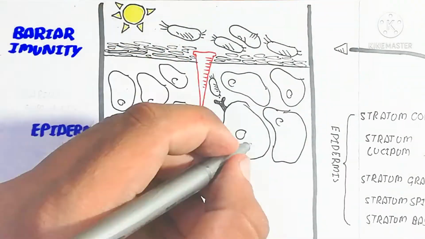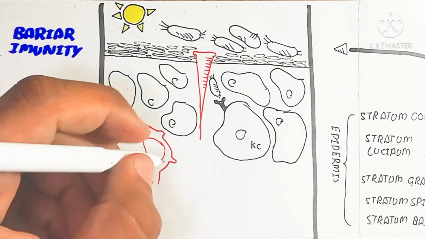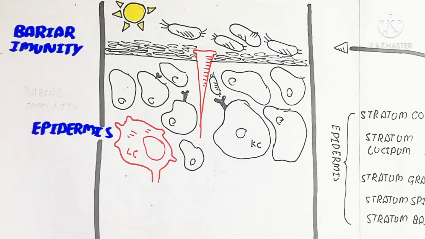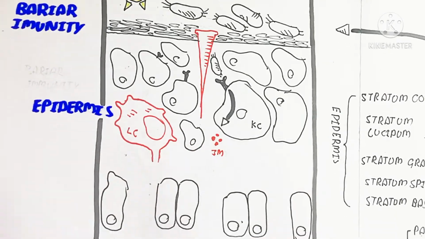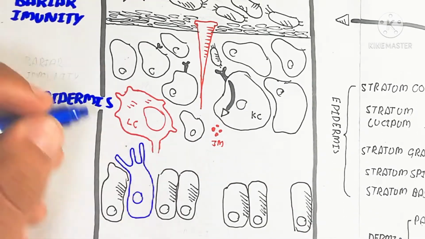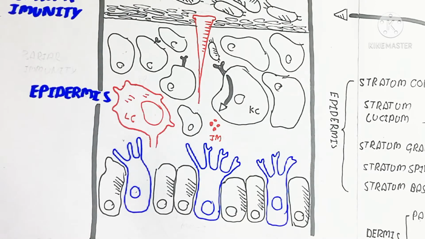So these inflammatory mediators stimulate the Langerhans cell, which is also present in the epidermis. This Langerhans cell recognizes the inflammatory mediator.